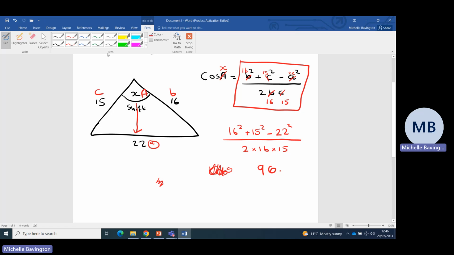So, pen, erase that. Let's get rid of that. Yes, it's because my battery's going so low. Right, let's start again. I put all that into my calculator, and that gave me something like minus 0.6, something like that.